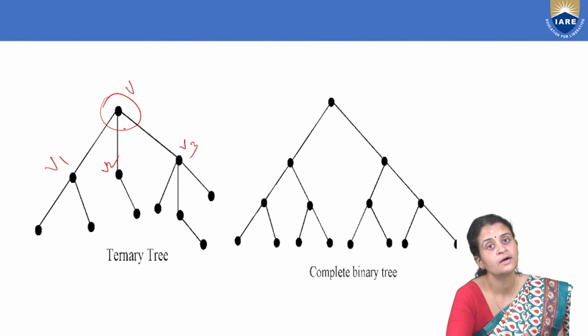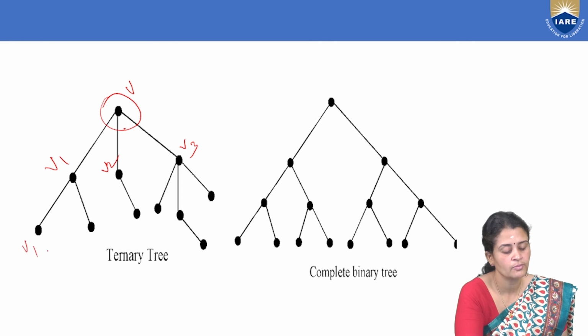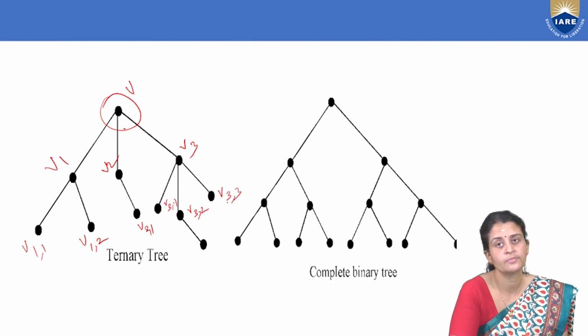V1 has 2 children, let them be V11, V12. V2 has 1 child, V21. And V3 has 3 children: V31, V32, V33.